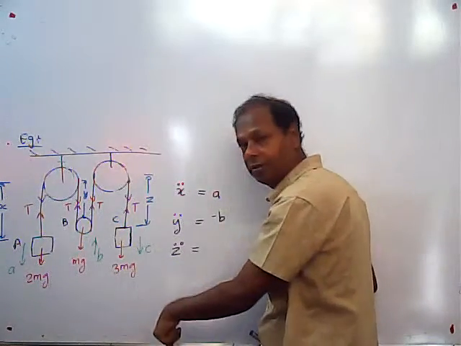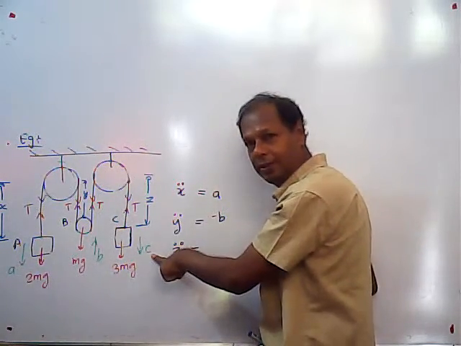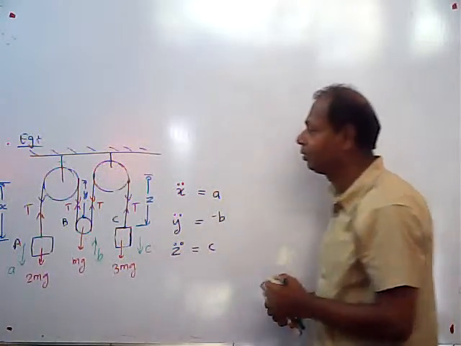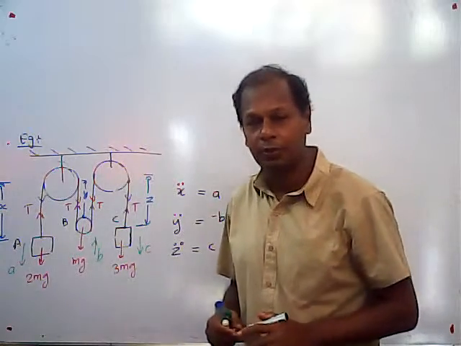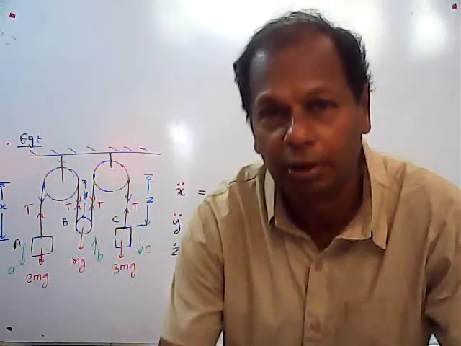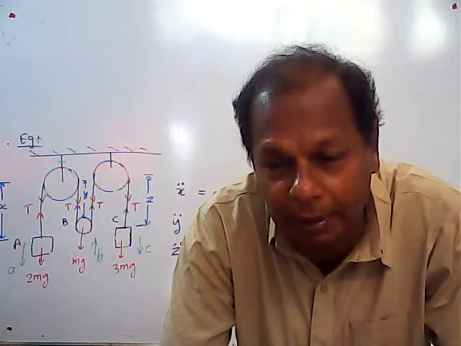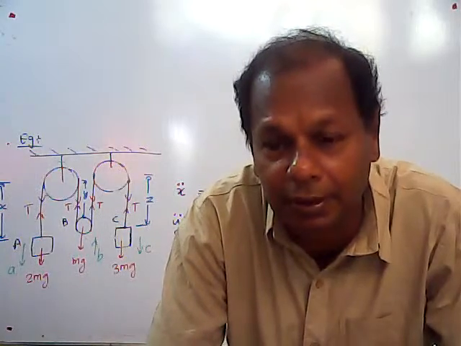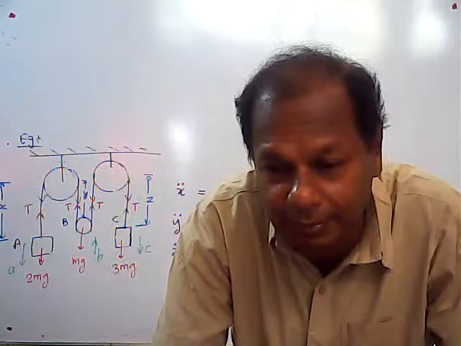So z double dot is directed downwards, and so is c. Therefore, they are the same. z double dot is equal to c. Are the things clear so far? We have marked the lengths in the diagram, and then we derive the relationship of those lengths and the accelerations.